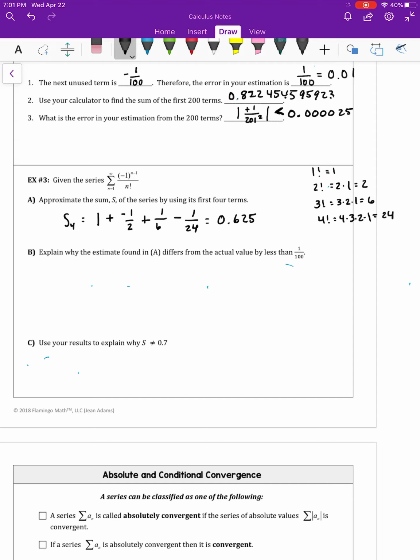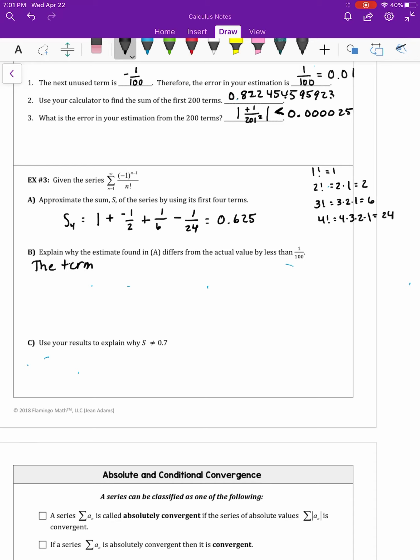So now, when n is 3, we're going to have positive 1 over 6. And when n is 4, we're going to have negative 1 over 24. If we added all those up in our calculator, we would get 0.625. So that is your approximate, your partial sum of the series.